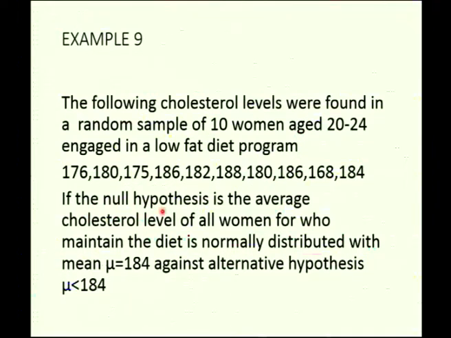The null hypothesis is that the average cholesterol level of all women who maintain the diet is normally distributed with population mean mu equal to 184, against the alternative hypothesis mu less than 184.